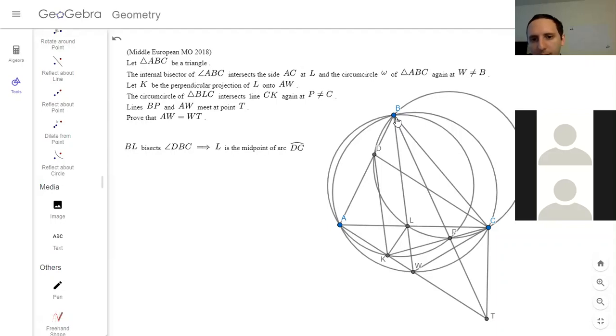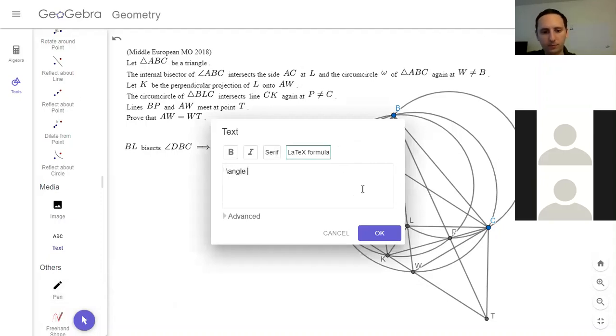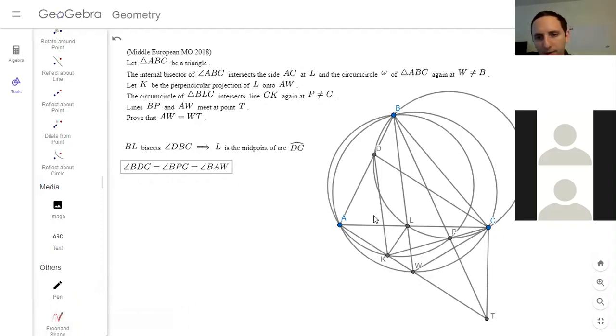Yeah, there's a couple different ways to think about it. Okay, so we have angle BDC is BPC is BAW. And that means that CD is parallel to AW.